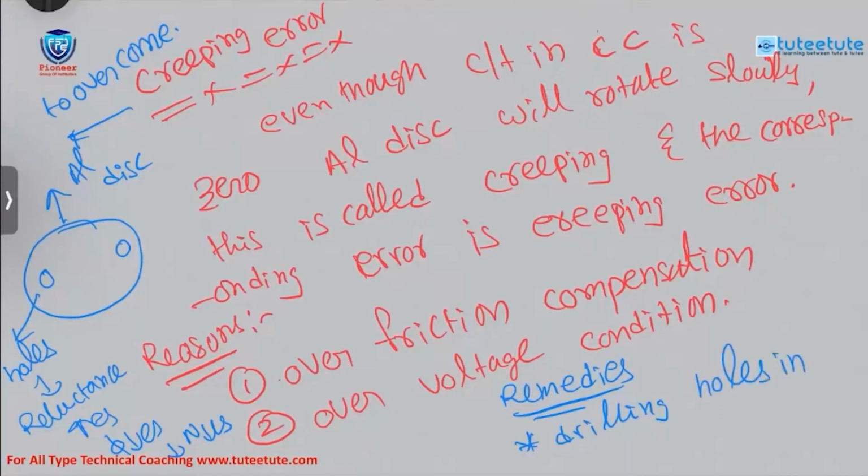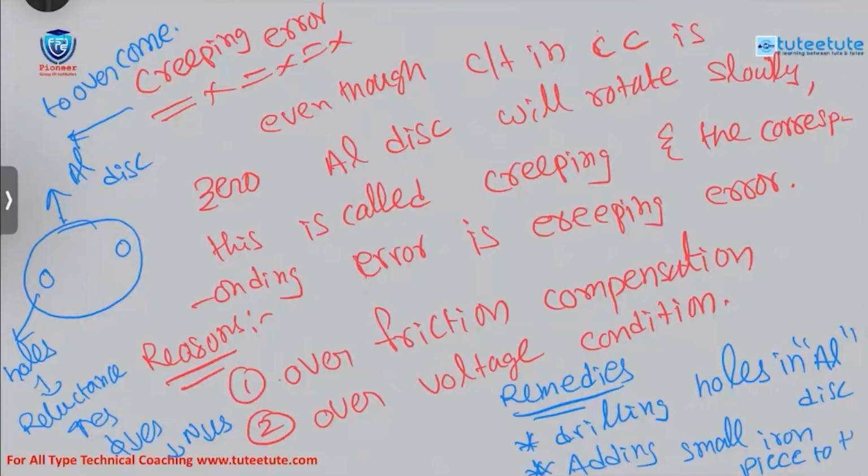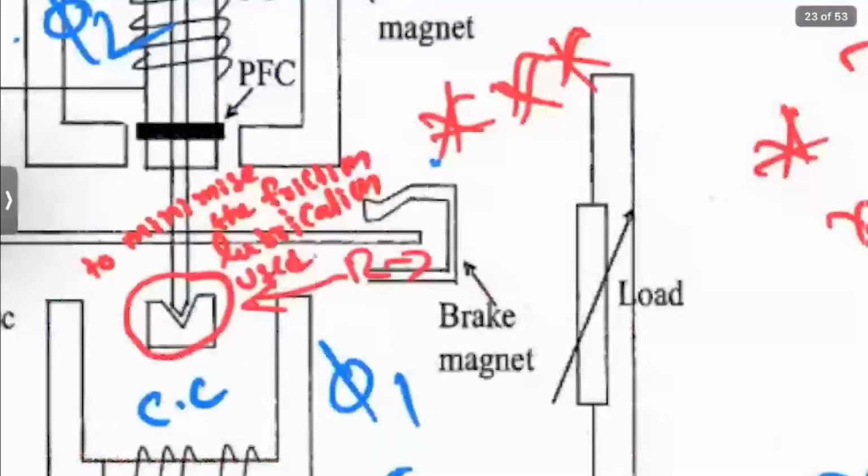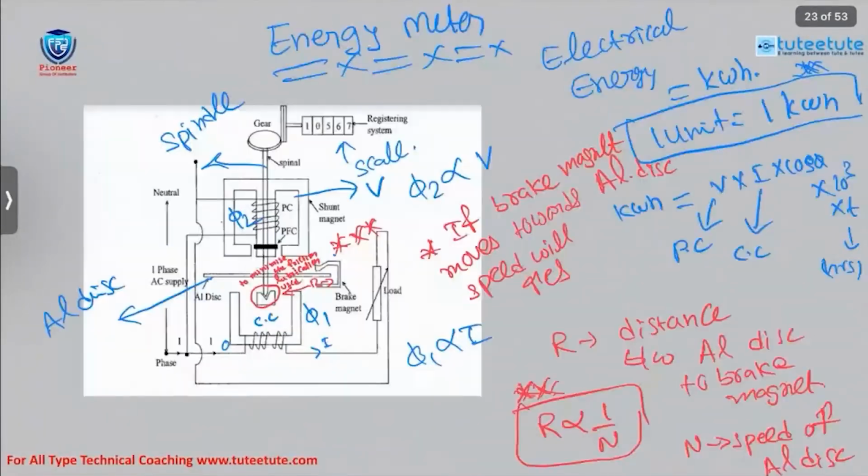The second method is adding a small iron piece to the disc. What will happen if you add a small iron piece to the disc? If you see here, if you add a small iron piece, what will happen?